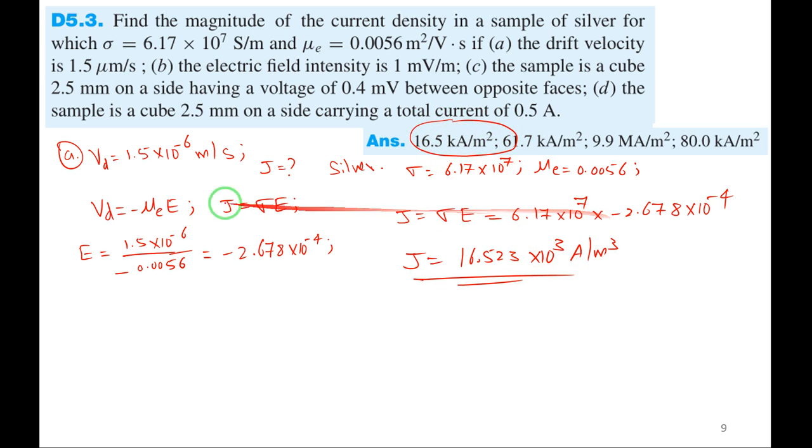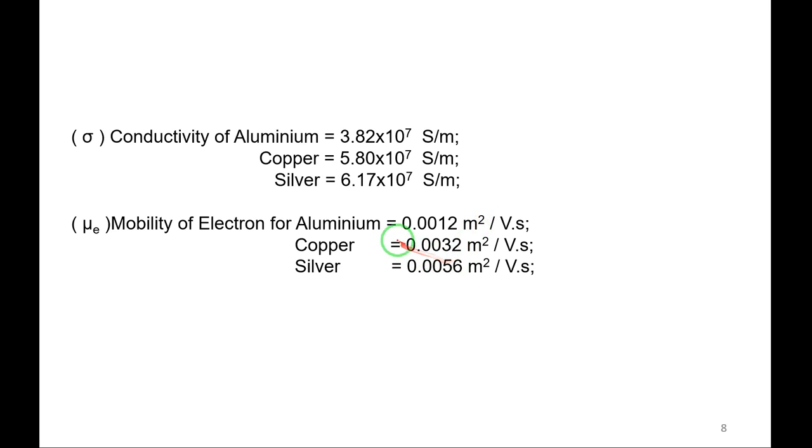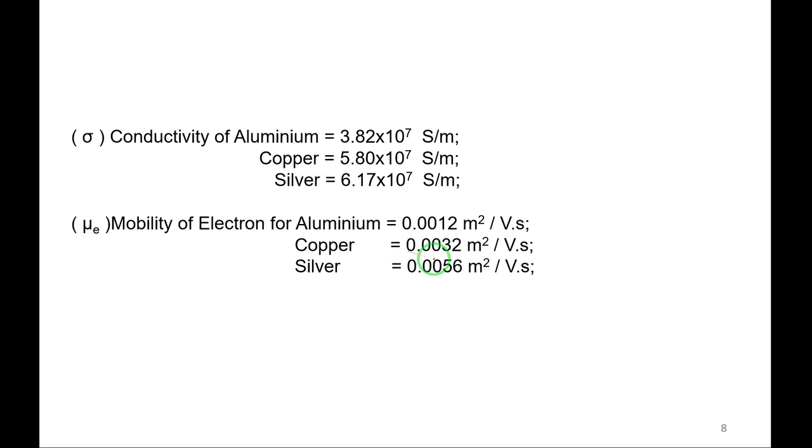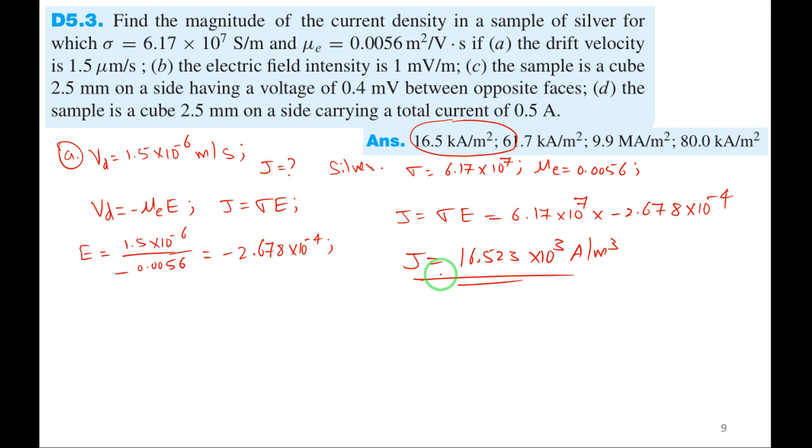But minus sign, I think for mobility of the electrons, it is minus only, right? Just I have written here. Let me check it. They have given positive only here. Positive only. Silver 0.0056. Maybe with respect to this only, minus this minus mu v. Actually, I should take this sign at a time, I think.